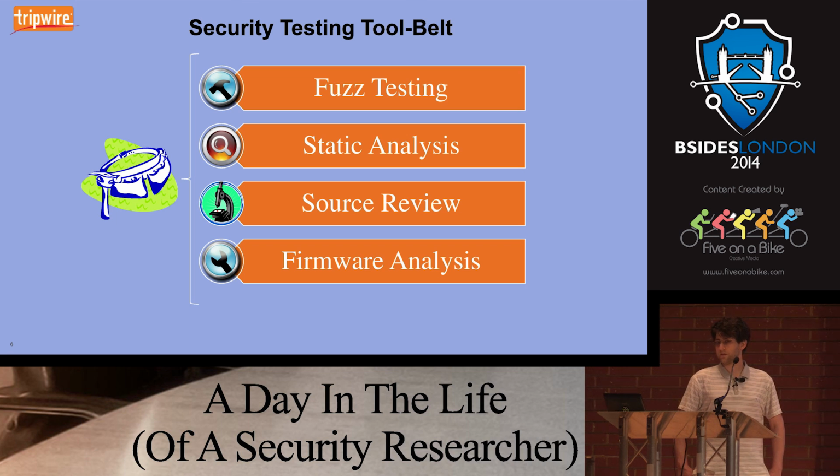Source review is the microscope of your tool belt. This is where you actually look through source code, whenever available, and look for patterns of vulnerable code that you can inspect further. And of course, firmware analysis, applying mostly towards embedded systems.